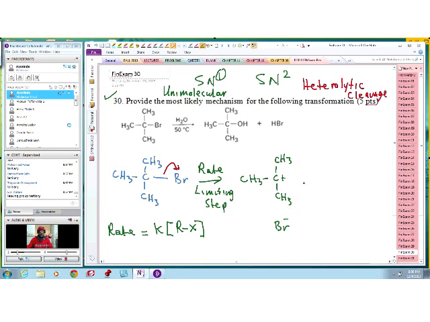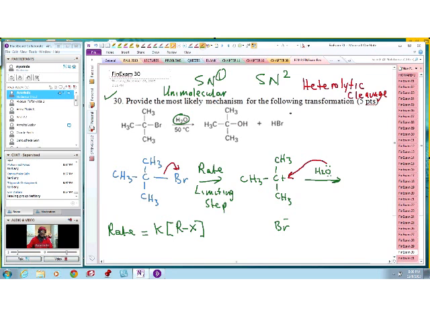Once you form this, the nucleophile now comes in. In this case, the water, which is the reactant here, comes in and attacks this.